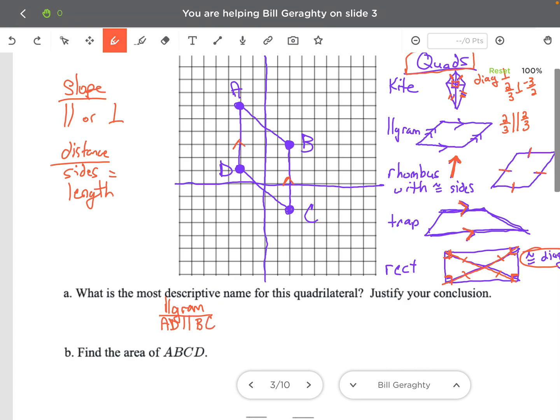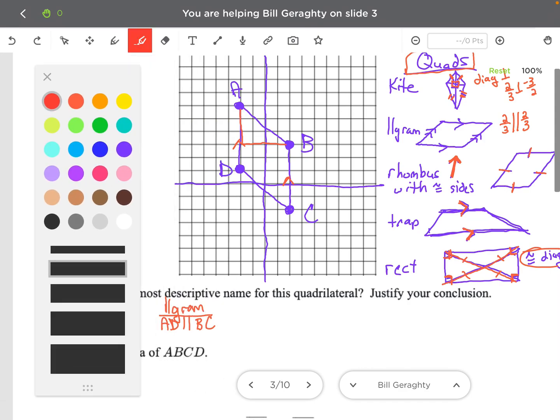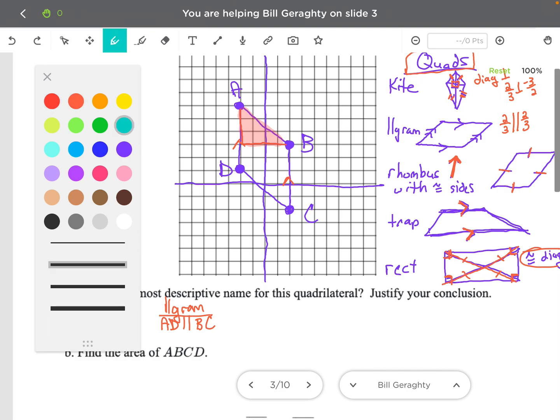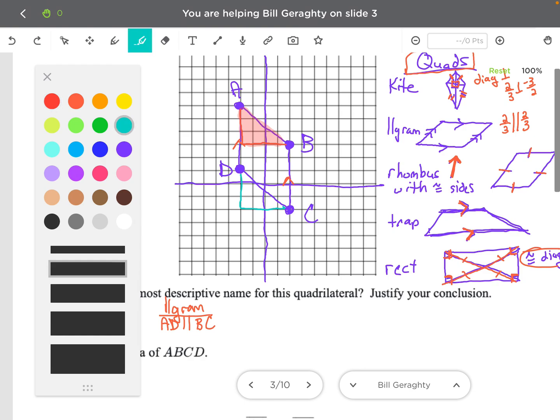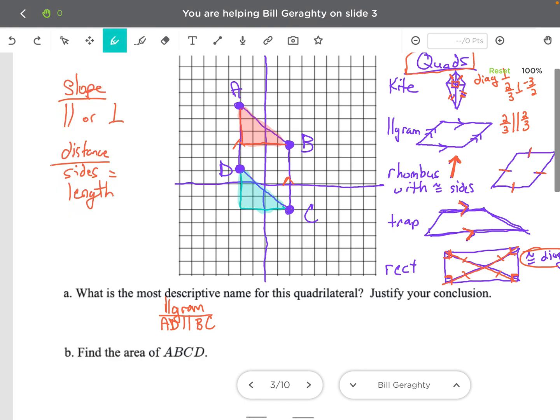The next thing I'm going to do is draw a little triangle right here and shade it in. Okay, so I'm going to look at this red triangle in relationship to this blue triangle right here. Those are my slope triangles.